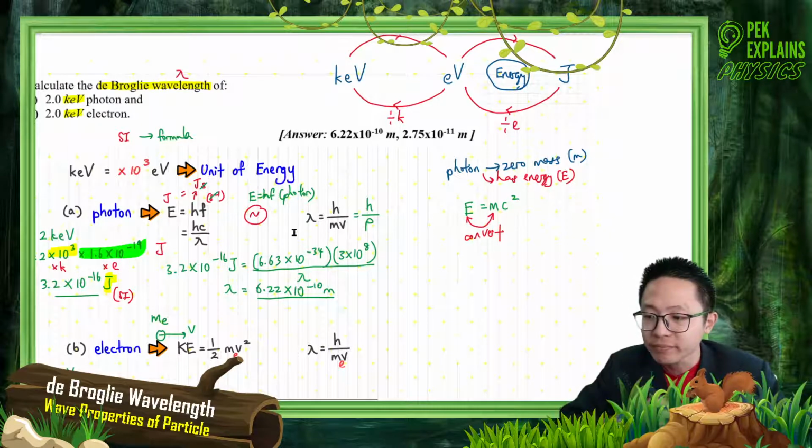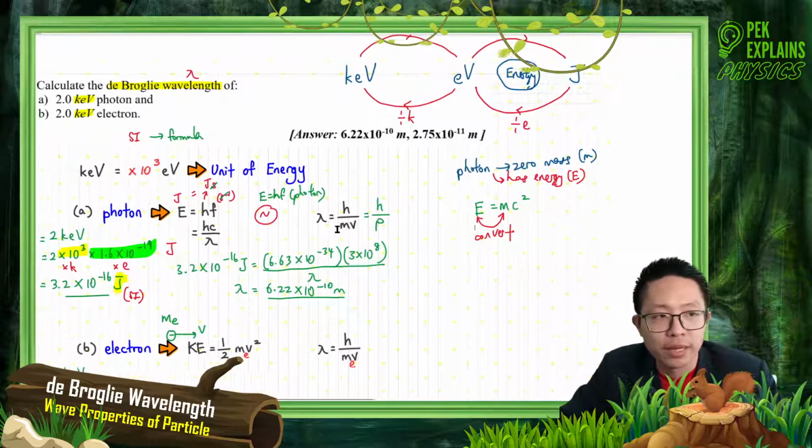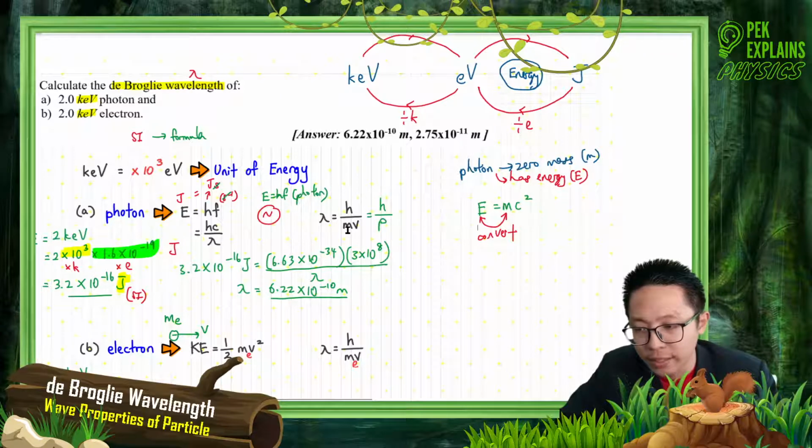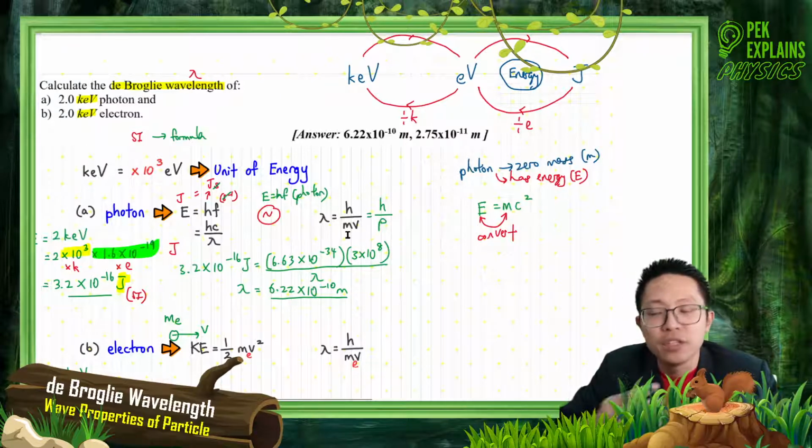So in this de Broglie formula, if you want to relate this mass to the photon, we can say this mass is actually the energy mass of the photon. This mass refers to the energy of the photon, and that's why the photon has a momentum.